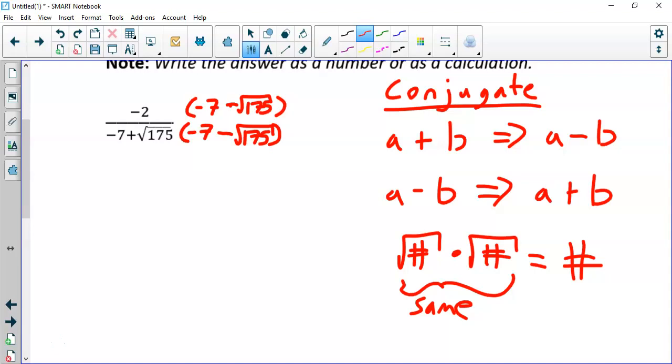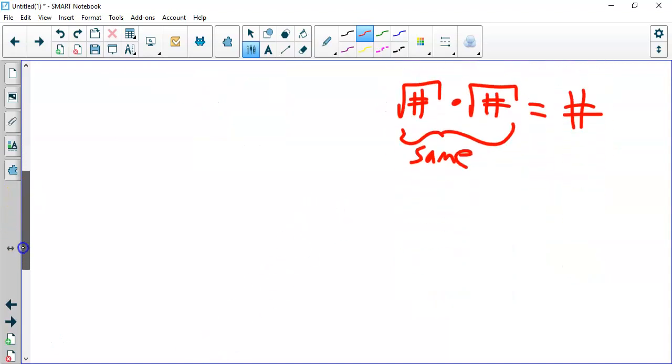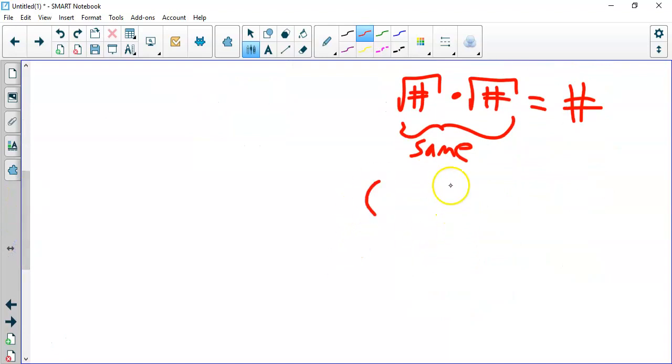All right. The other thing that's really good to remember is that if I'm taking conjugates times each other, you don't have to worry about the middle term. So in other words, usually you FOIL this. Don't worry about the O and the I, because what will happen to your middle terms is they will cancel out.